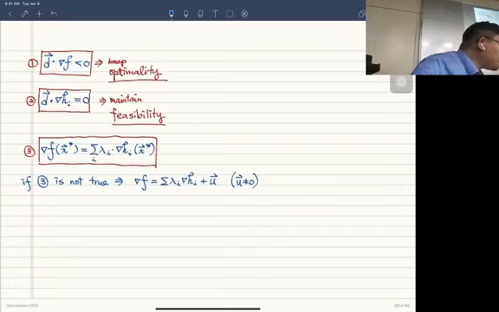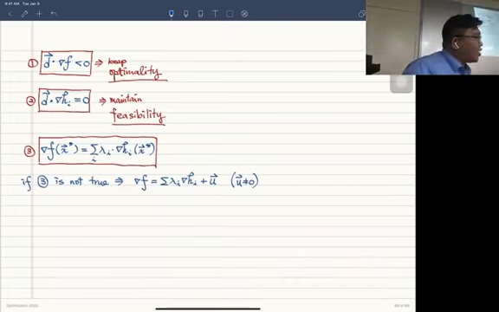It's a component of gradient f orthogonal to, so let's take this u vector.